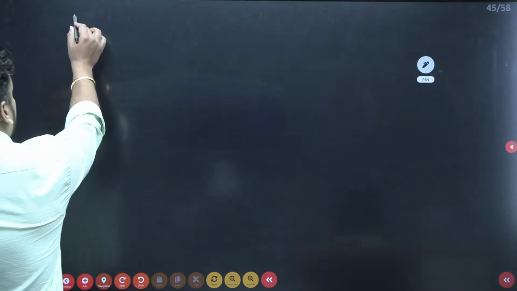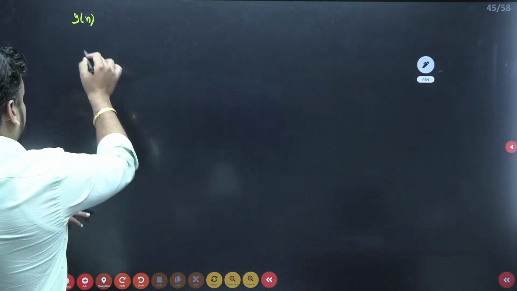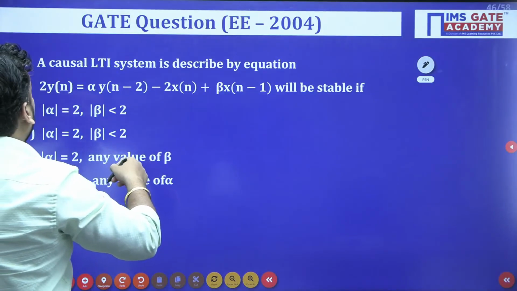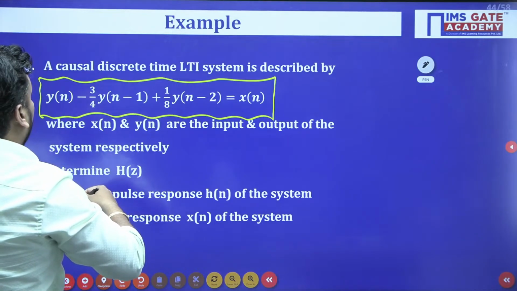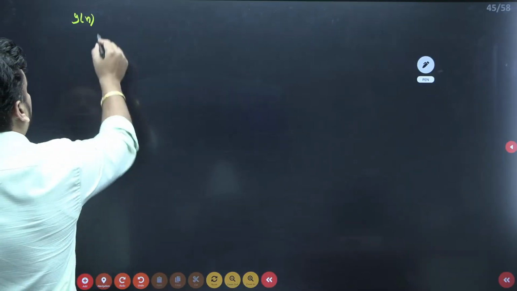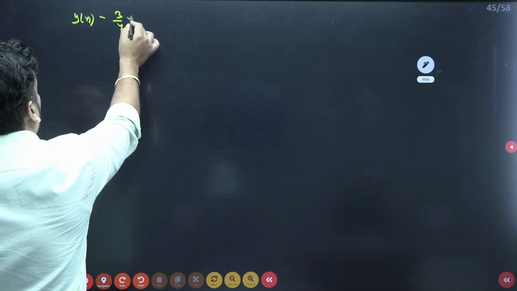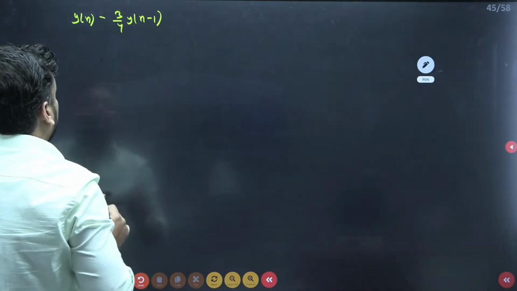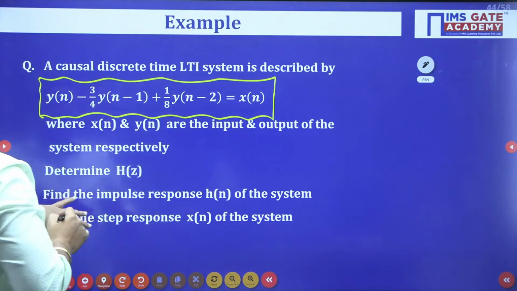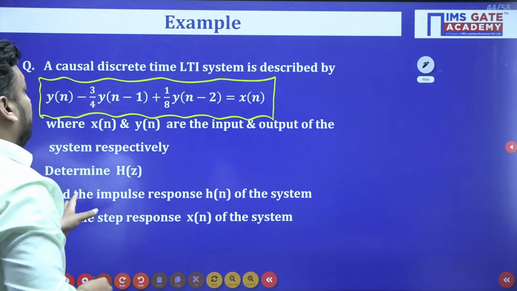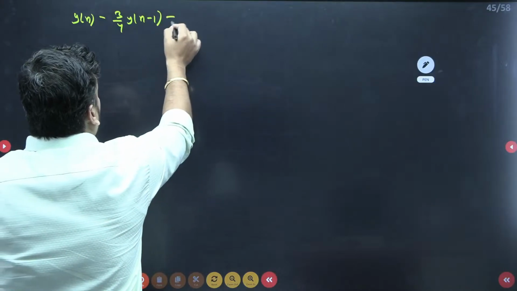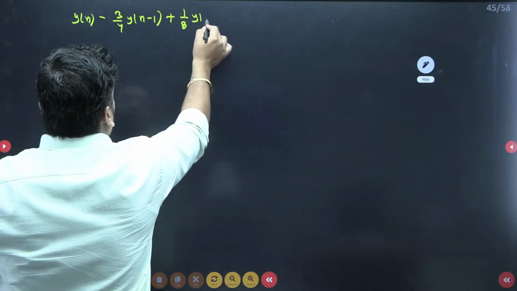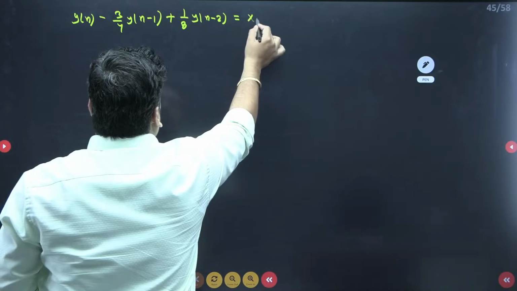So I am writing the difference equation here so that I can take the Z transform, because here I don't have space: y of n minus 3 by 4 y of n minus 1 plus 1 by 8 y of n minus 2 equals x of n.